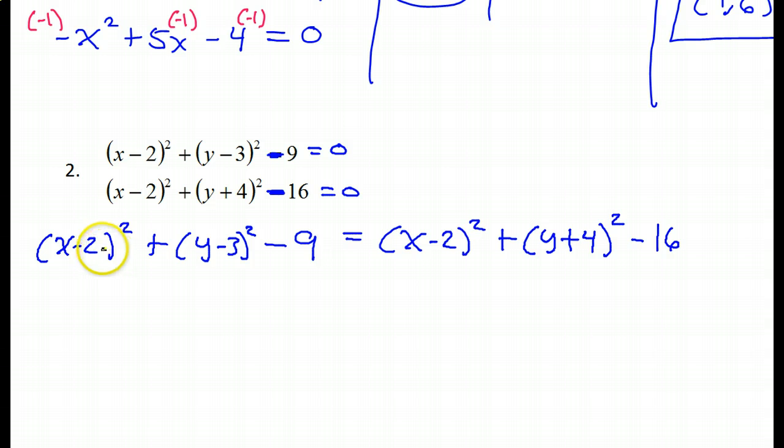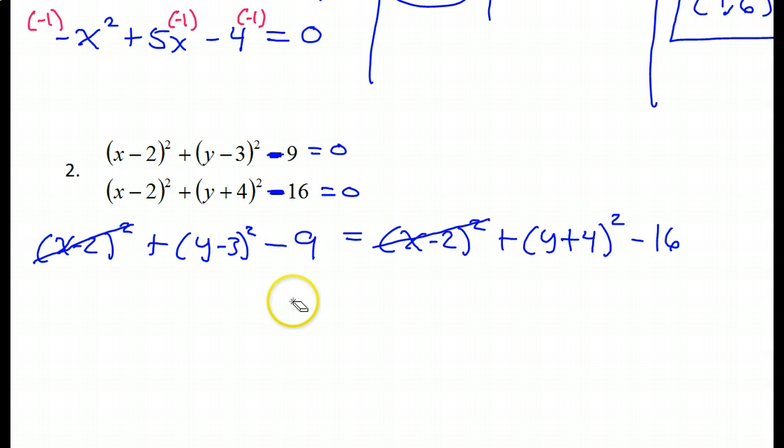So the shortcut is to not multiply these two out because they're the same. I can subtract x minus 2 squared from both sides, which means because I have the exact same thing on both sides, they're going to cancel out. Technically I'm subtracting x minus 2 squared from both sides, and that's how they're canceling out. But when you see that you have the same thing on both sides of the equation, you can just cancel it out, and you're subtracting mentally.